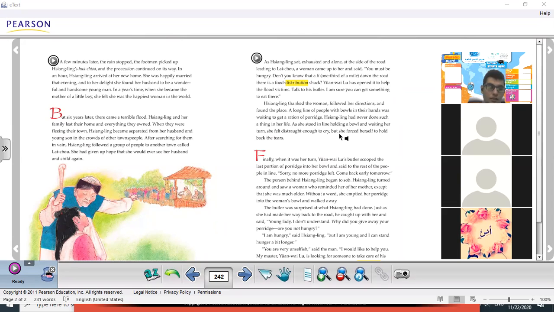Sang Ling and her family lost. Very good, Abdullah. Amazing. Sangling was lost from her husband and boy. Very good. That's it. Amazing.